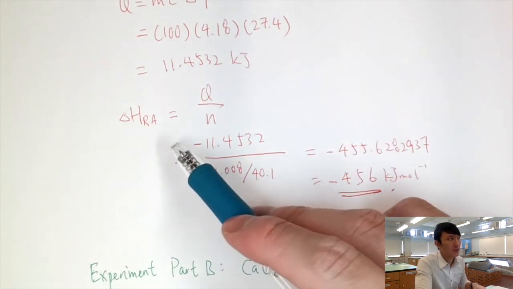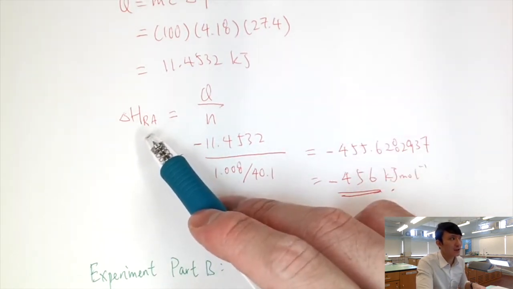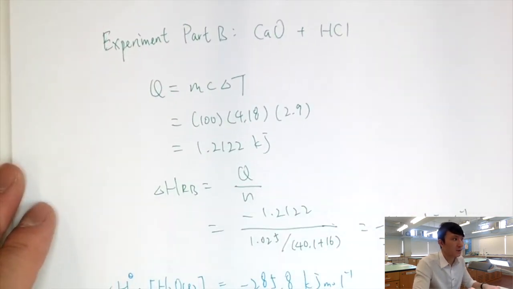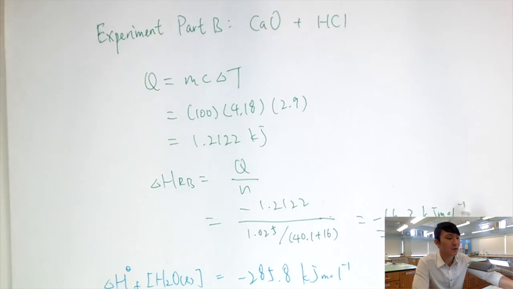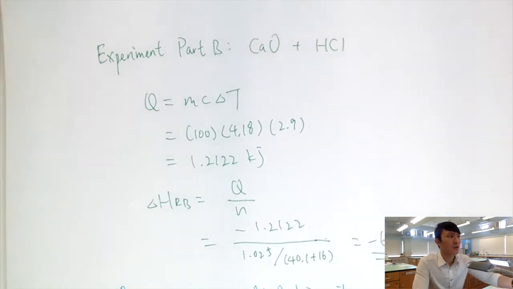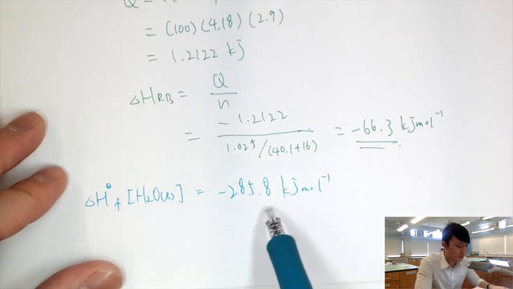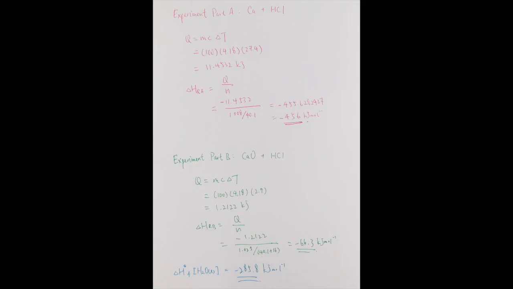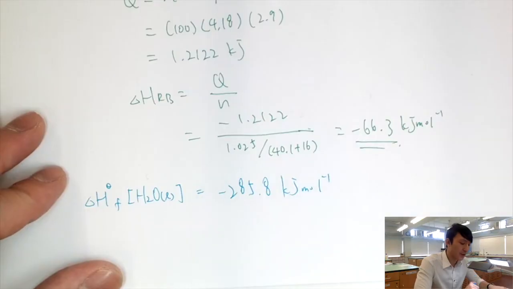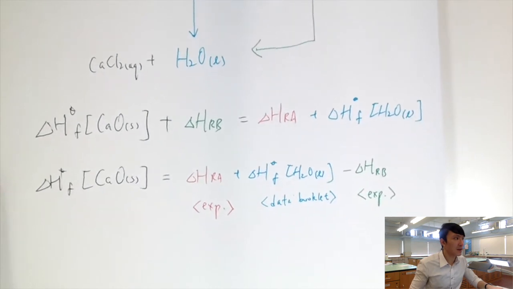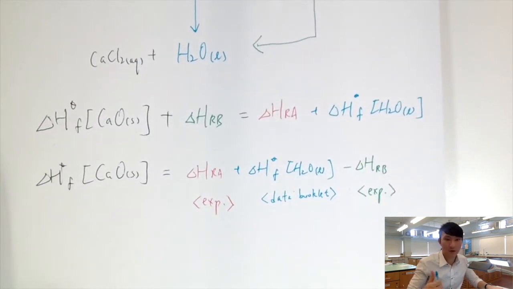After that, we are able to calculate delta H_RA and delta H_RB, as well as, from the literature value or the data booklet, find delta H_f of water, which is this one. Then using these three values, we can simply plug them into this equation. This is what we get before we perform the experiment.